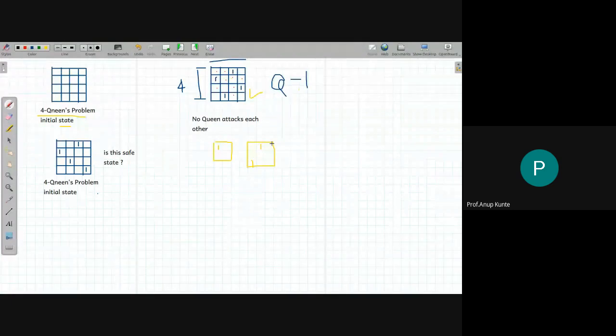So these categories of games, or rather puzzles, I should call them puzzles, are a very distinct niche category where we do not know in advance what the goal node is. We do not know in advance whether the solution exists or not, but we are interested in finding the solution if it exists.